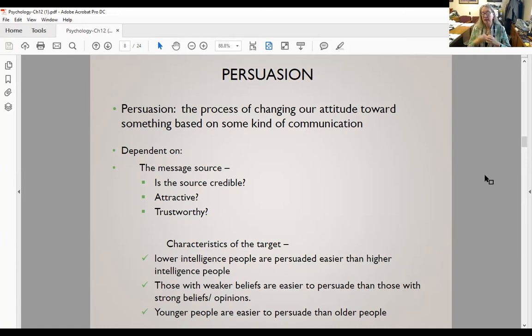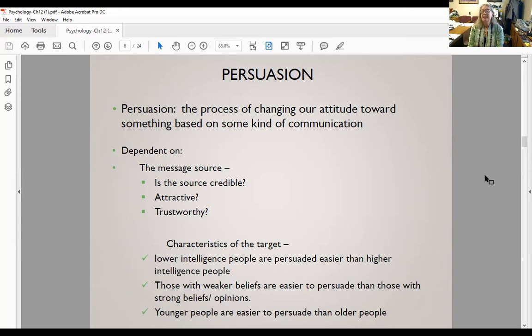A message that you have to be more actively involved in is going to be more persuasive than one that's more passive. A message that gives lots of information in it, lots of reasons why it's good, is going to be more persuasive than one that only gives one reason why doing a particular thing is a good idea.